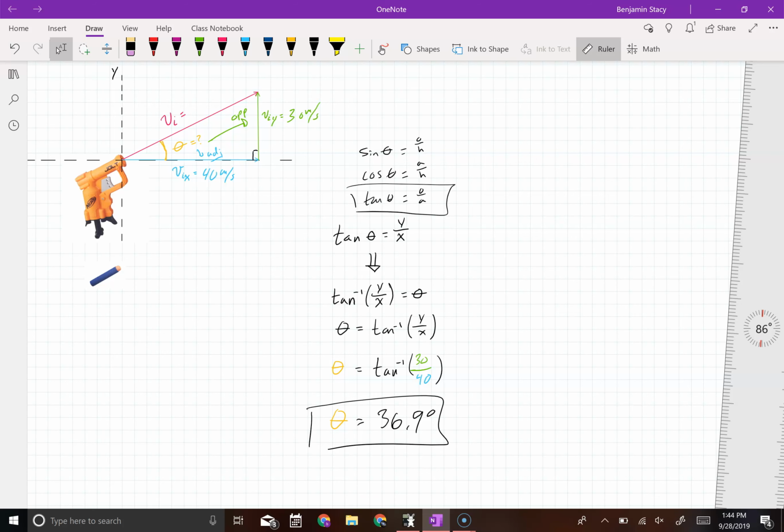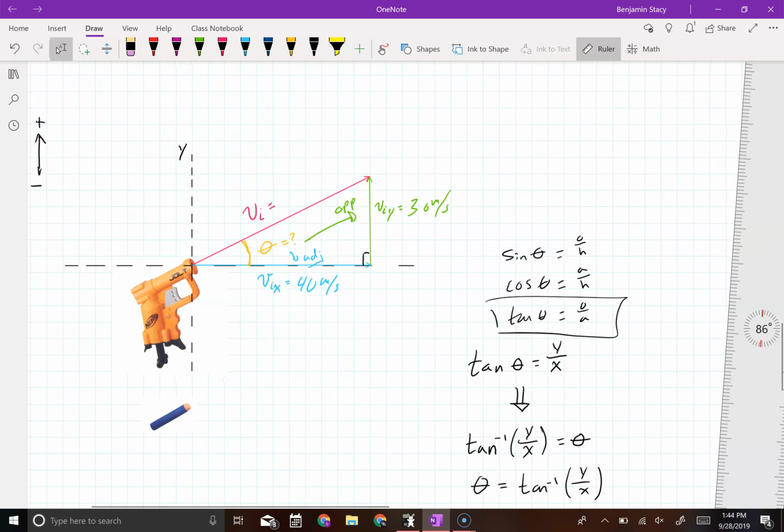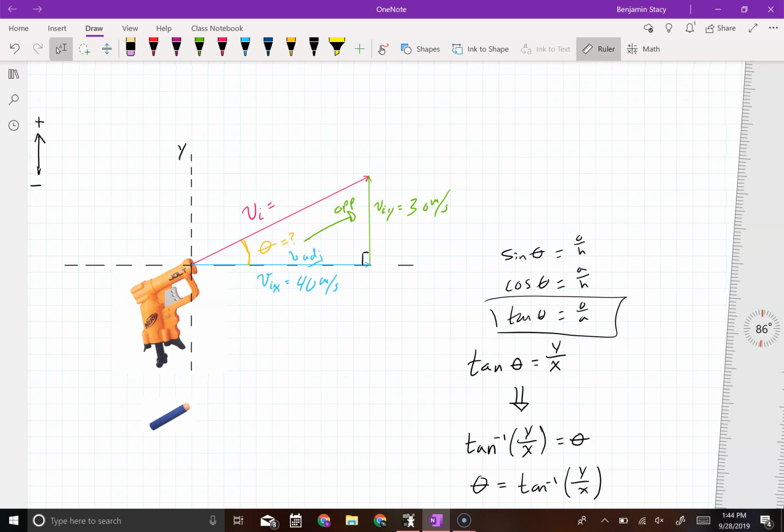36.9 degrees. One important thing to mention here is, if these component parts were equal, like if this were 40 meters per second and this were 40 meters per second also, then we would have an initial velocity like that, and the angle would have to be 45 degrees. So if the x component and y component are equal, the direction is 45 degrees.